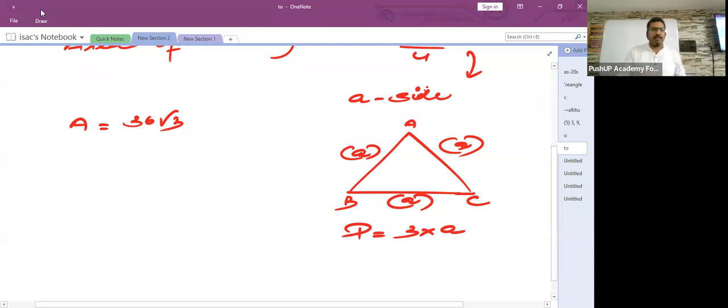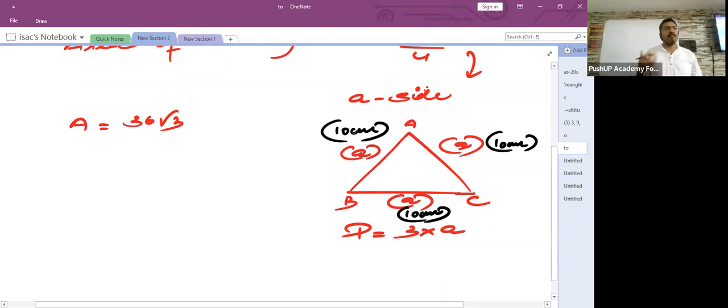Suppose, children, the value of A is equal to 10 centimeter. So this side will also be 10 centimeter. This will also be 10 centimeter. Now, if I ask you to find the perimeter of this triangle, whose each side is 10, you can either find the perimeter by finding the sum of all the three sides.